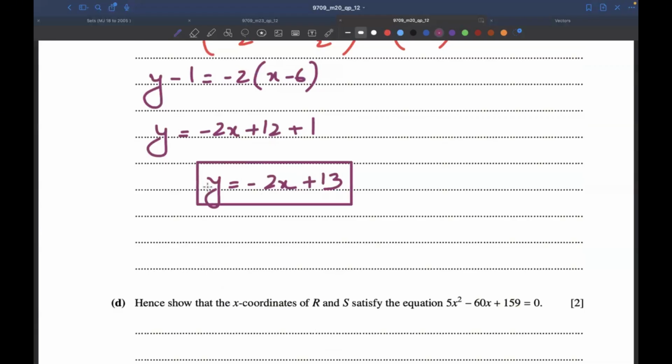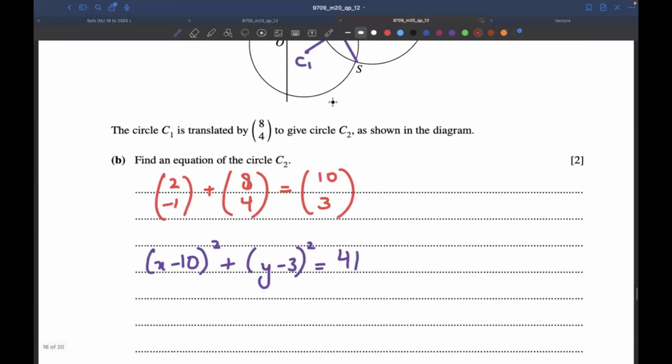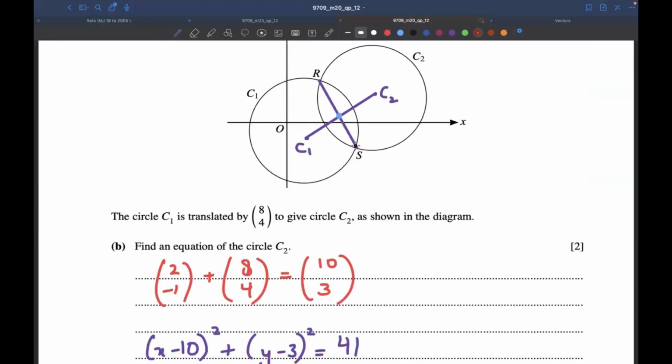Now in part D, it says, hence show that the coordinates of R and S satisfy the equation 5x squared minus 60x plus 159. Now we know that one of the equations is (x minus 2) squared plus (y plus 1) whole squared equals 41. And as we know, the line RS passes through these intersecting points, and we have the equation of this line as well.